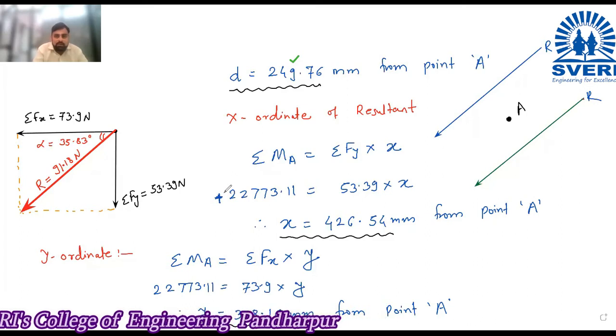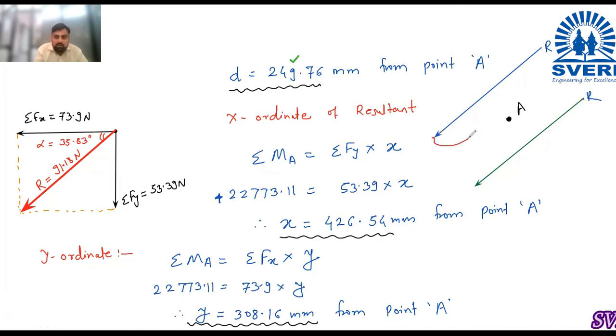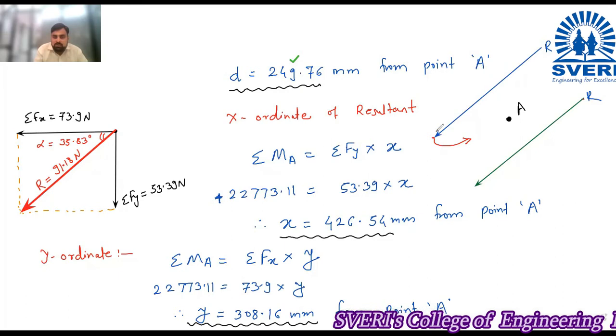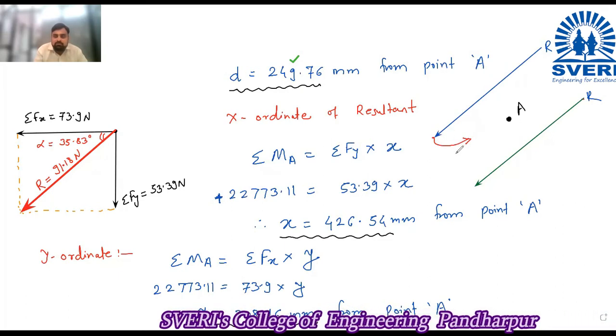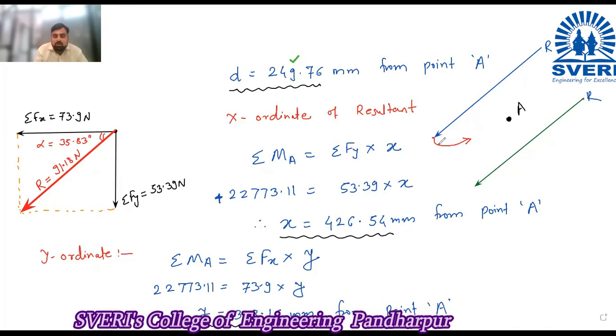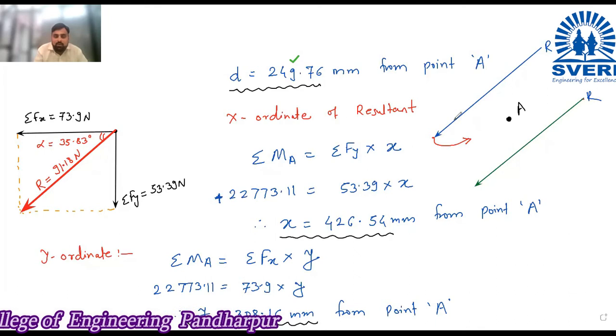Now see, if I rotate the head of this arrow towards point A, this is the direction of the rotation. Is this clockwise or anti-clockwise? Anti-clockwise.